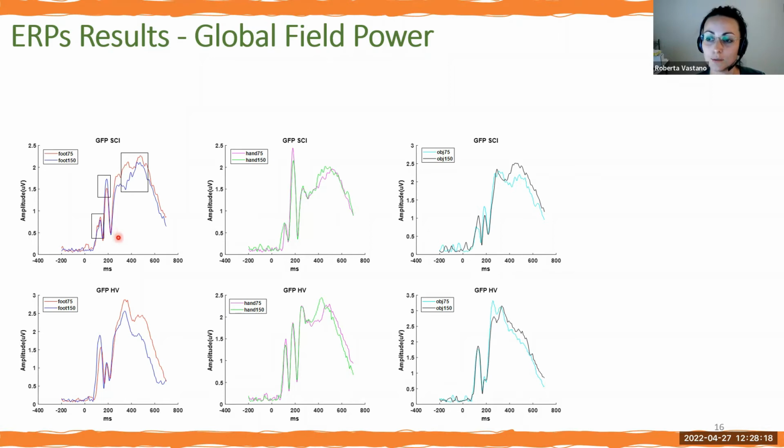As I said, we were going to see components around 100 milliseconds, 200 milliseconds, and after 300. In order to do that, we need to make sure that we actually have components. And this is the way we performed this analysis. So in both groups, in all conditions, we could observe peaks around those time windows I just explained.